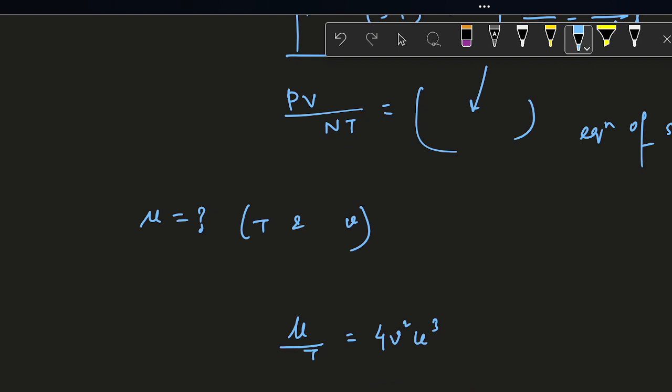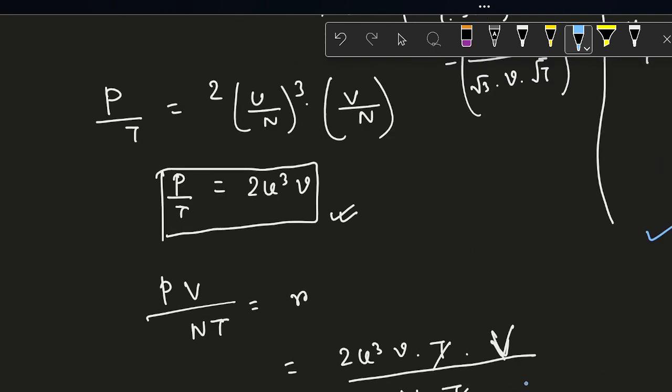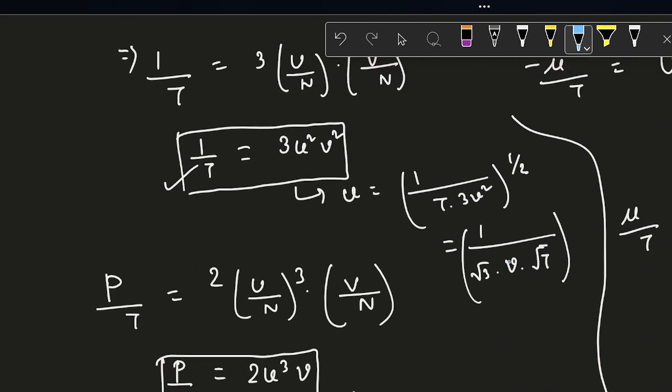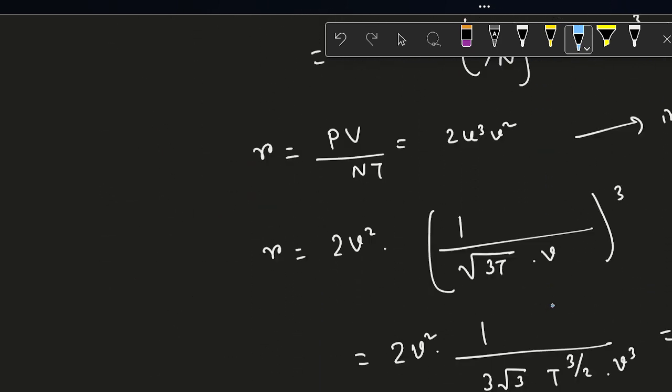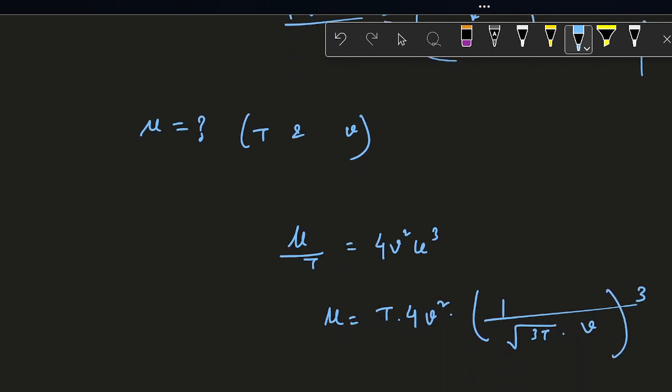Now again, so mu equals T times 4 small v squared, and then u cube you have to handle. You need to substitute the value of u like we had done for the previous case. So this is your value of u, 1 by root over 3 times t into v. So 1 by root over 3 times t into v, whole cube.